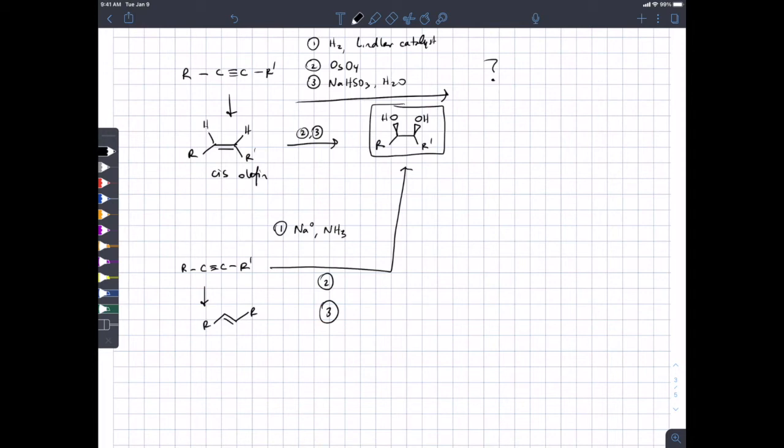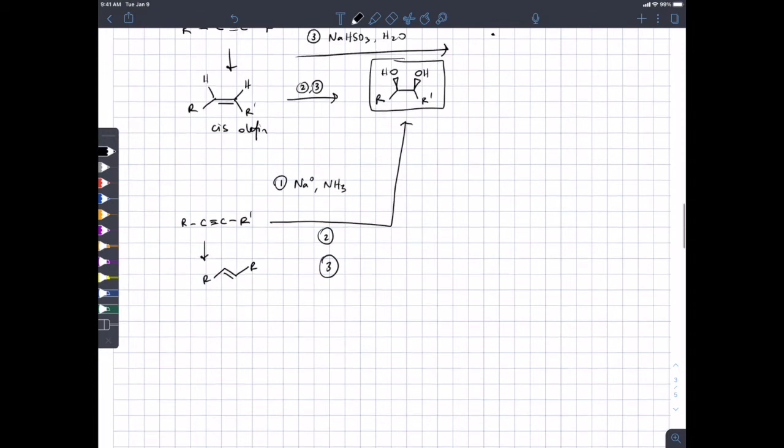Yeah, go ahead. Okay, you could use MCPBA, which does what? MCPBA would give you the epoxide from the trans alkene. So you'd have this epoxide, plus its enantiomer.